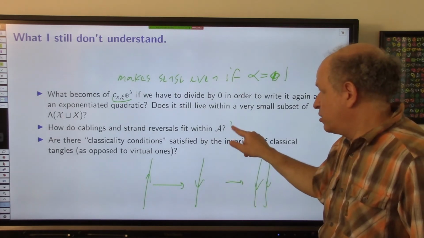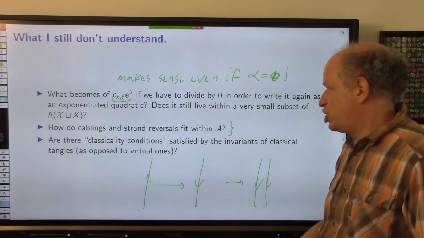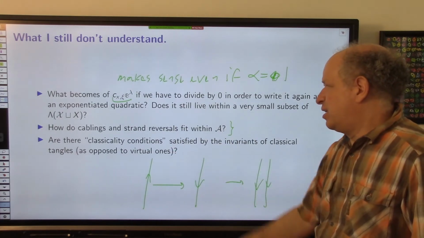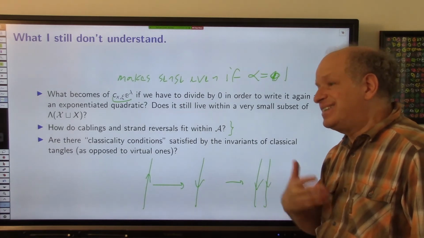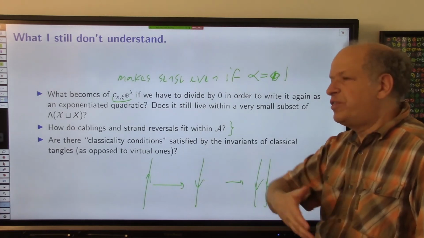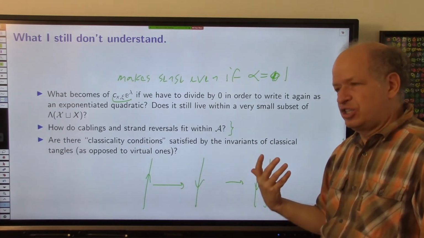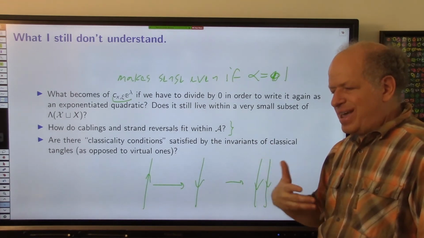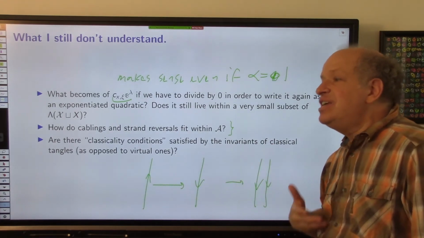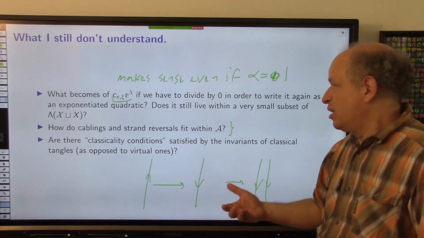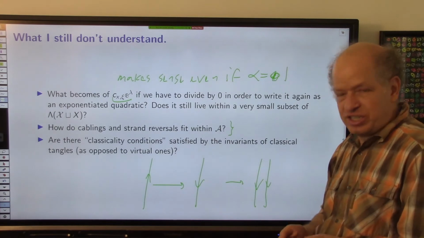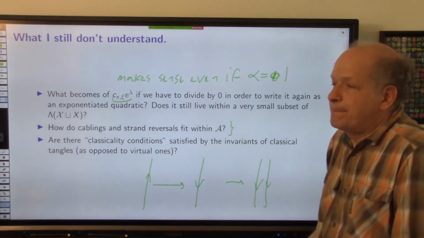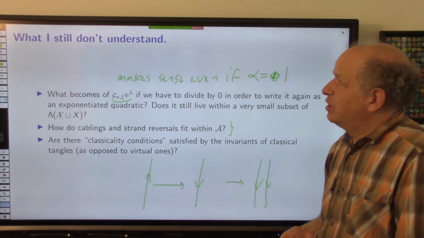I don't really understand it in this A language. And I know that classical tangles, within the world of virtual tangles, their A invariants live in an even smaller subspace, but I don't really understand that subspace yet. So this is my to-do list.